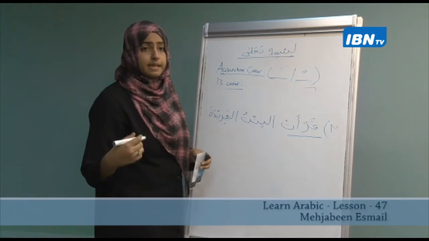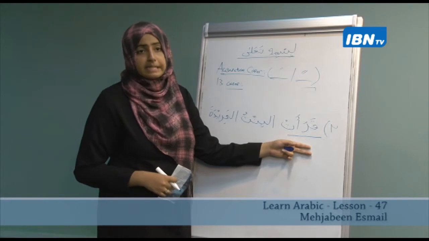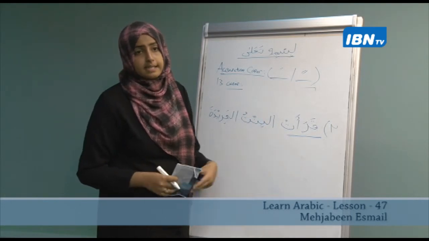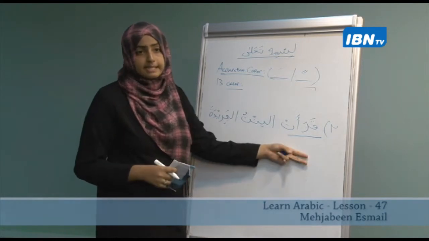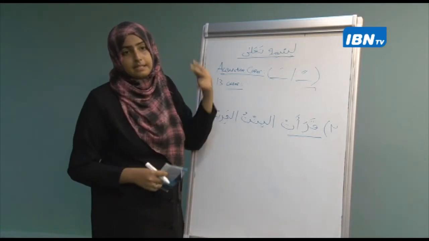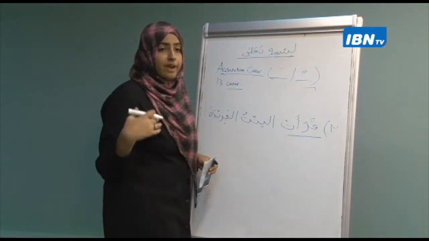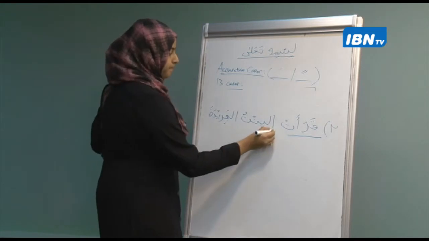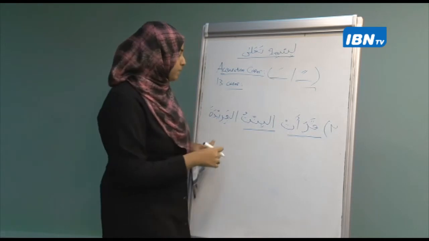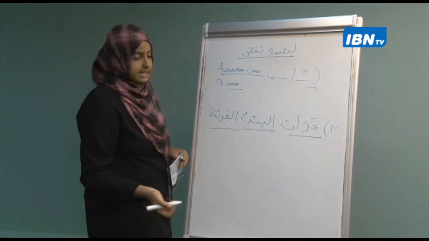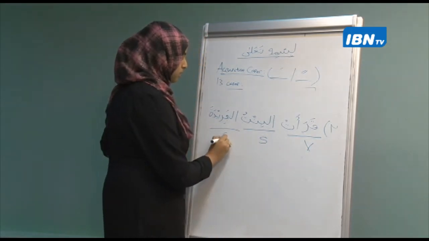Remember when we were discussing the verbs? قرأت, is it past tense? Is it present tense? Is it future tense? Is it command tense? Is it a prohibitive command? What tense is قرأت? It is past tense, uliopita, right? So قرأت, meaning she read. But who read? Al-bintu, the girl. So here again we notice the structure of the sentence: verb, subject, object.